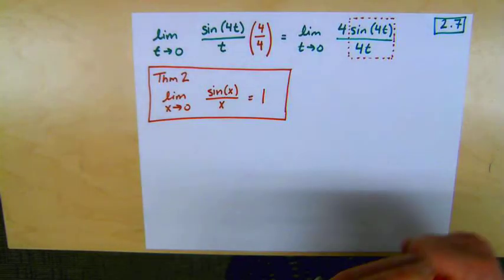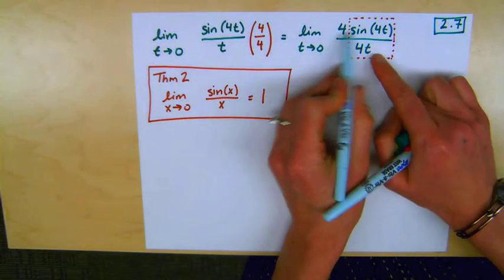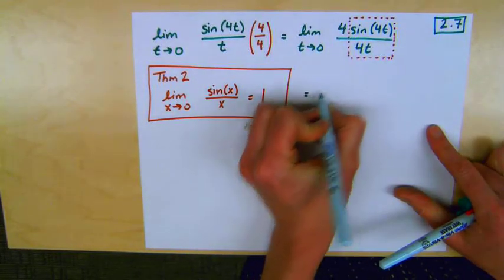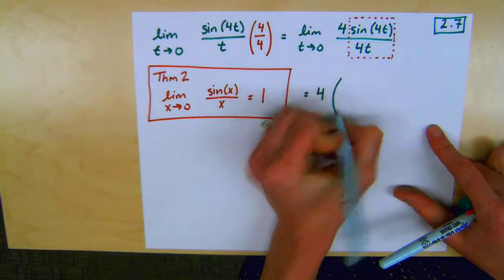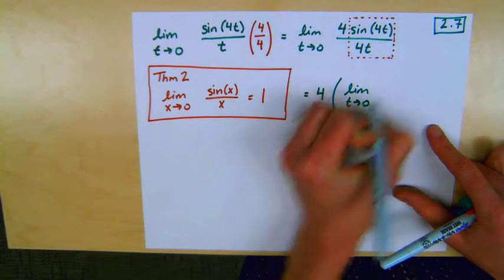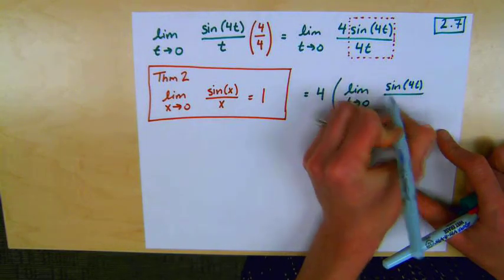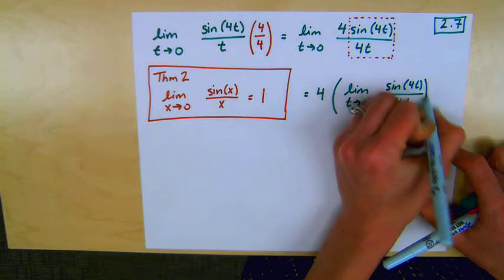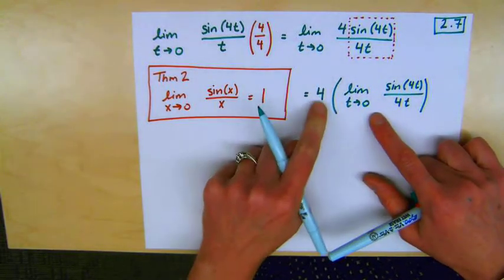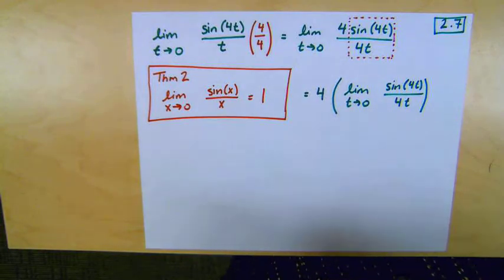And for clarity's sake, I can even rewrite this because of our limit laws, because this is multiplication. I can even write this as 4 times the limit as t approaches 0 of sine of 4t divided by 4t. Limit laws, I'm pulling this factor out front. Now, this is where the trick comes in.